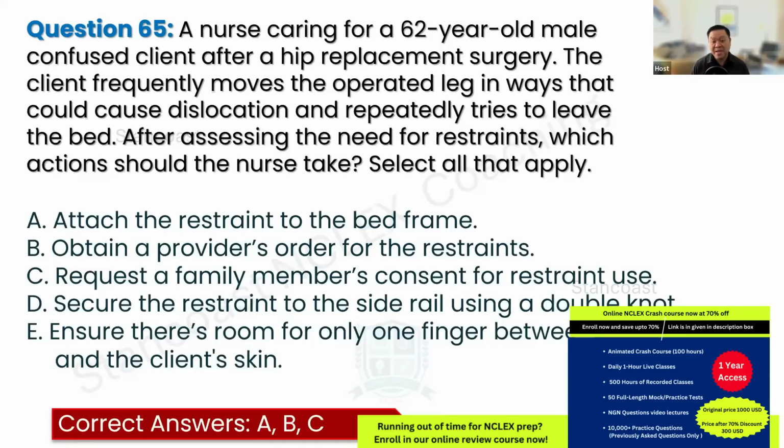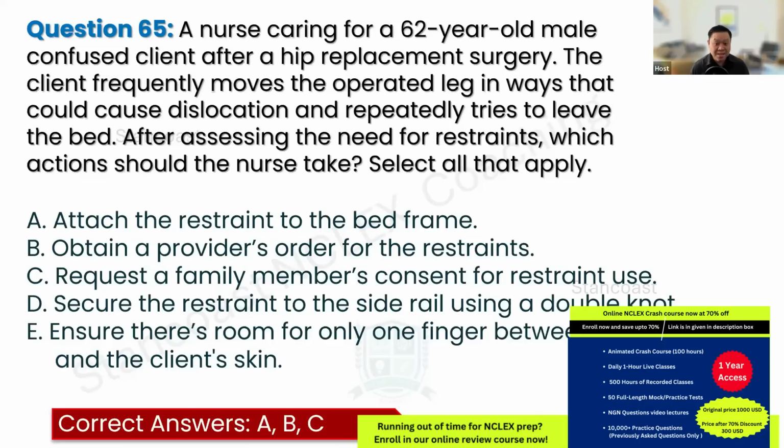Restraints should be attached to a movable part of the bed frame to prevent injury if the bed position is adjusted. Letter B is also correct. A provider's order is required for restraint use, typically within an hour after the decision is made. And letter C, informing the family and obtaining consent when possible is encouraged to ensure transparency about the restraint use.